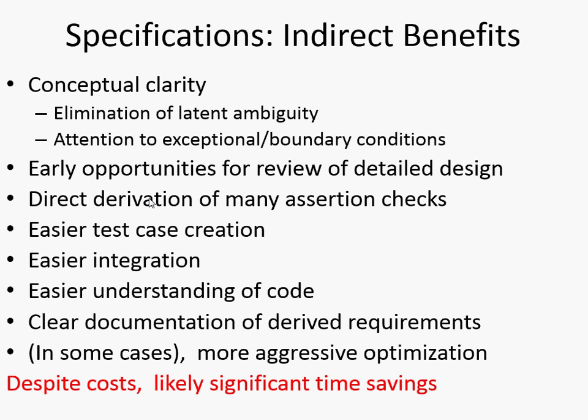And it's going to help conceptual clarity, and give earlier opportunities for review of detailed design. Why do I say that? Particularly for those who have taken 371, why can having specifications help earlier review, peer review, inspections, for example? Because it shows that you know what's going on mentally?